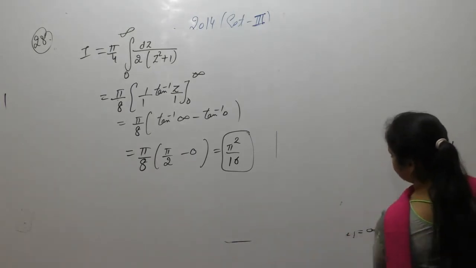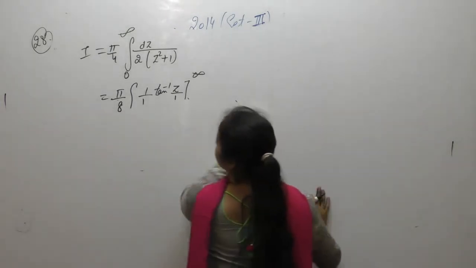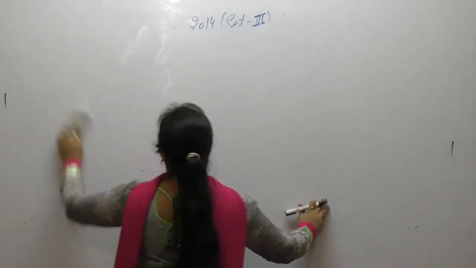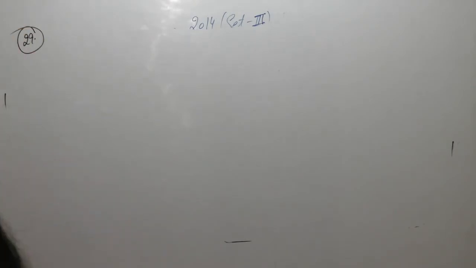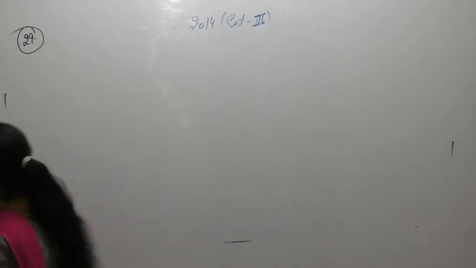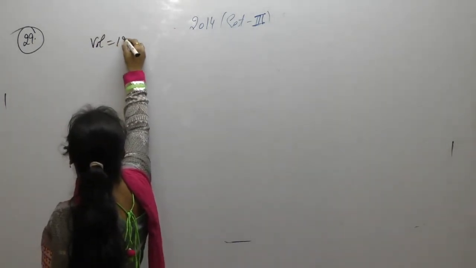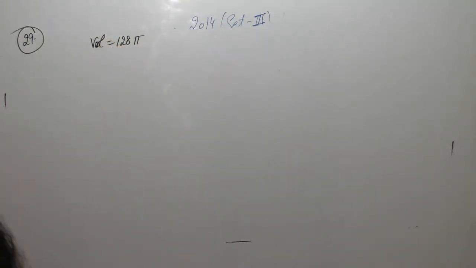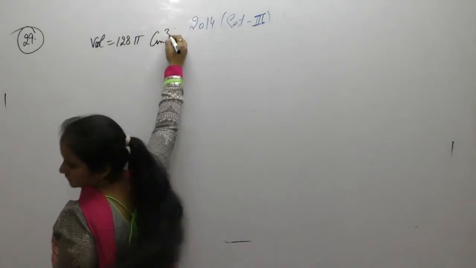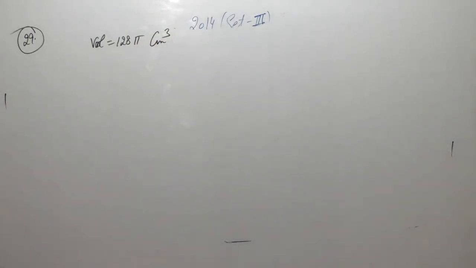Now the next one is question number 29. Of all the closed right circular cylinder cans of volume 128 pi centimeter cube, find the dimensions of the can which has minimum surface area.